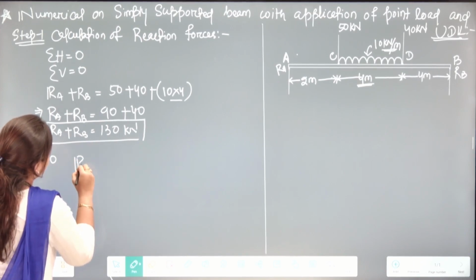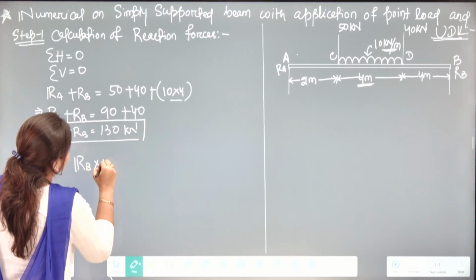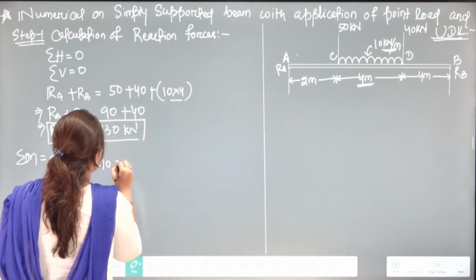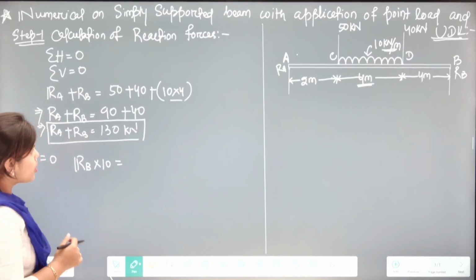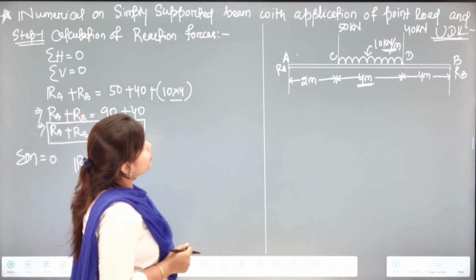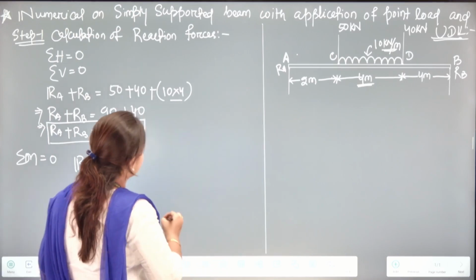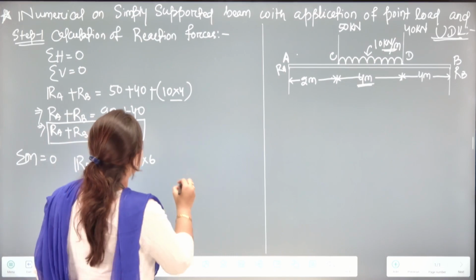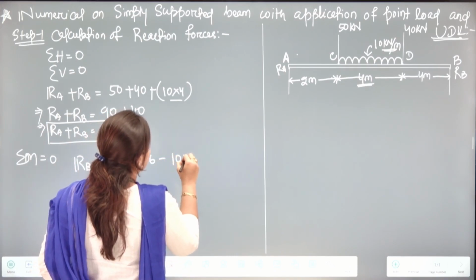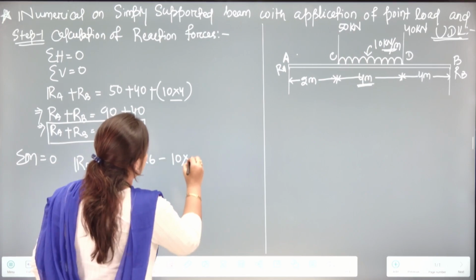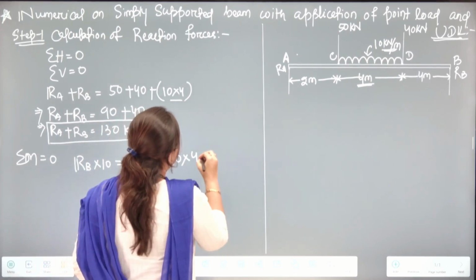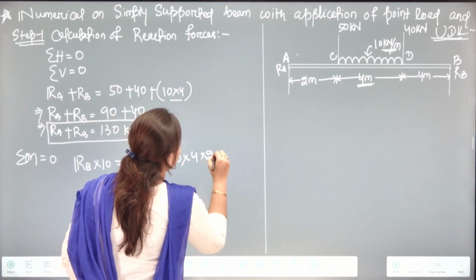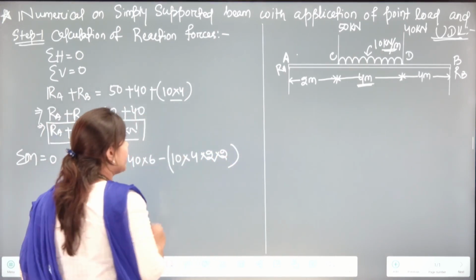Here you have RB multiplied by 10, that is 4 plus 4 plus 2, your total distance is 10 meter, equal to 40 into 6, minus 10 into 4 into 2 into 2. Okay. Why?